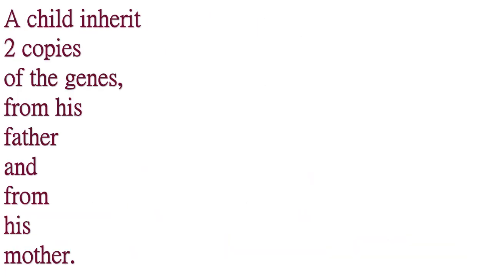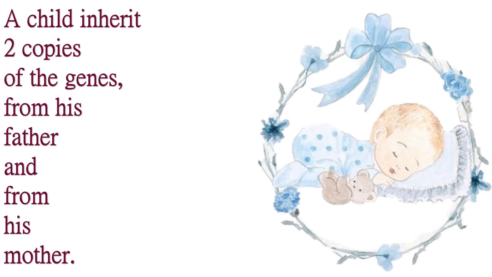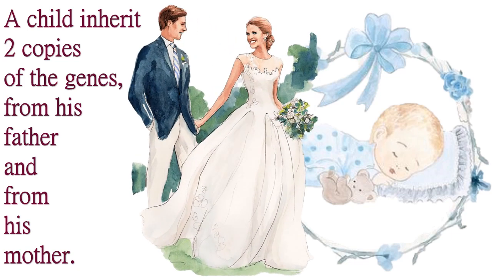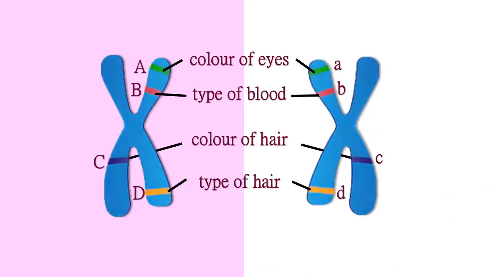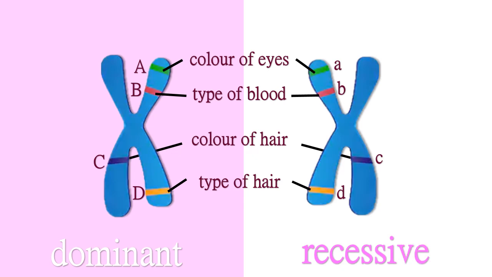A child inherits two copies of the genes, one gene from his father and another gene from his mother. There are two types of allele, a dominant allele and a recessive allele.